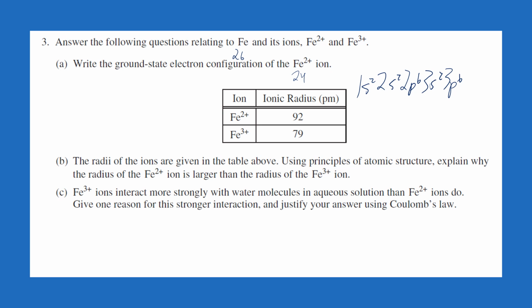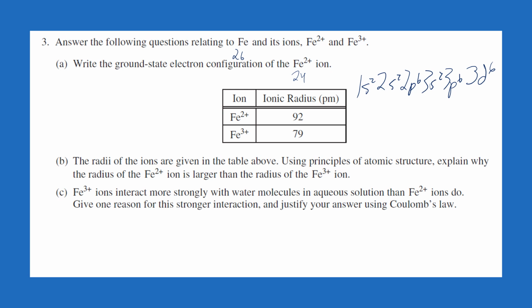So that means instead of going straight to 4s, we're going to skip over to 3d and fill in those last 6 electrons. So that is a little bit more stable than having the 4s and then the 3d. So that would be the electron configuration there.